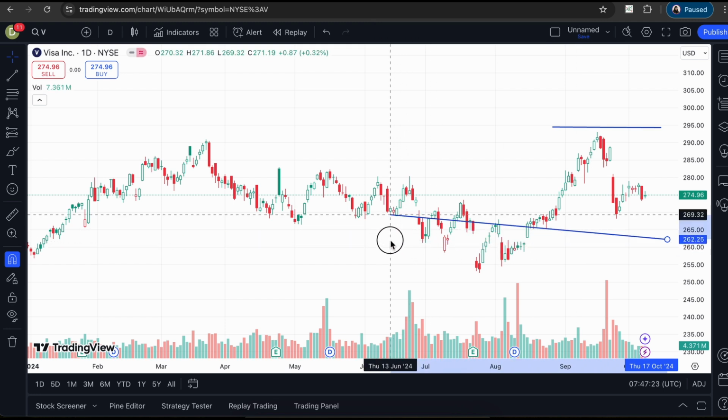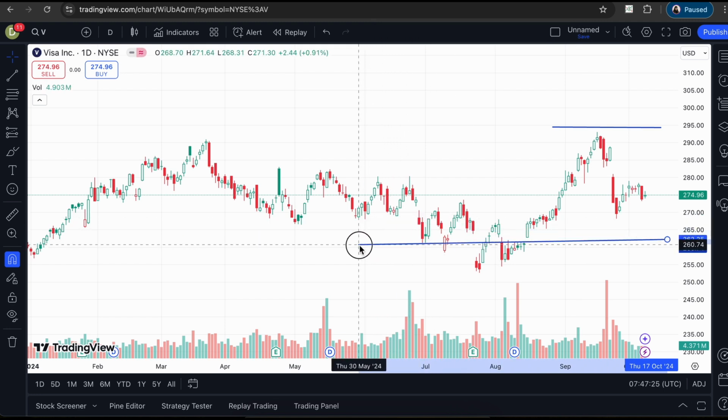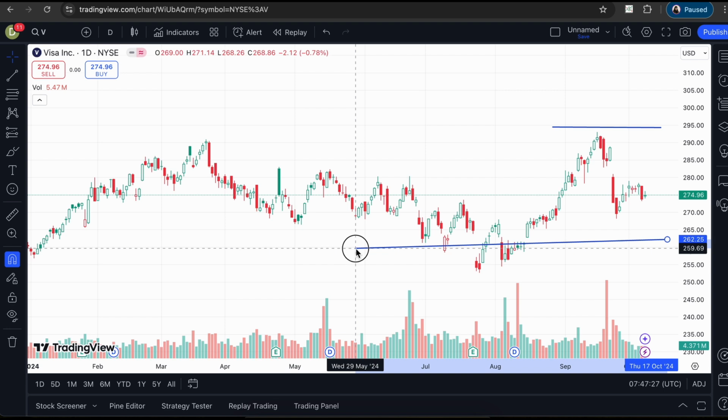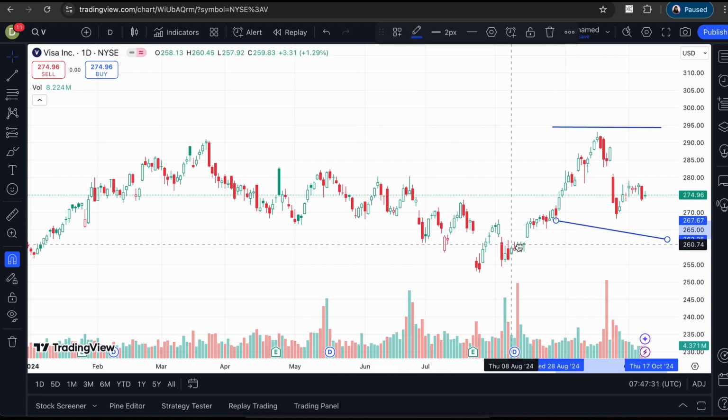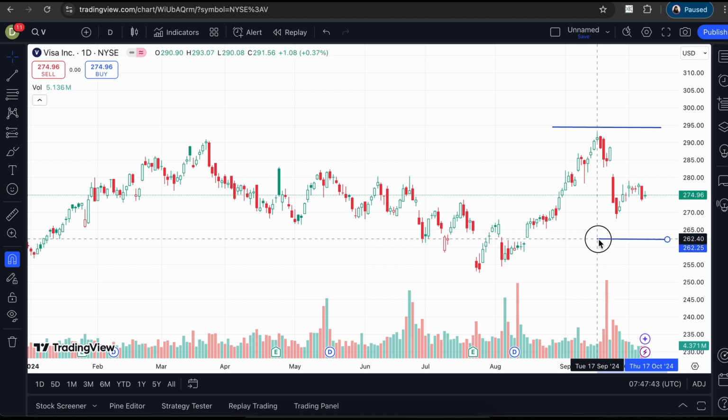And it would be even better if your stop loss and take profit are close to the support and resistance levels. So in our case, the support level is somewhere here at 262, 261, so very close, and our stop loss level is very close to this support level.